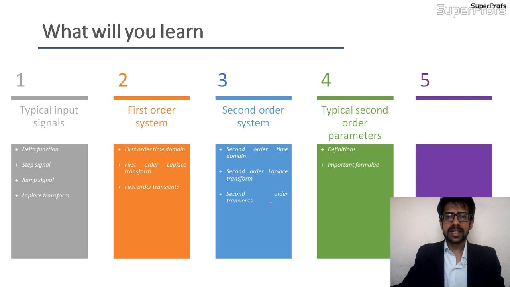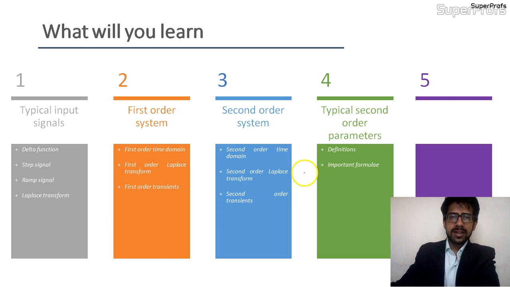But second order transients are equally important because many systems can be generalized according to a second order system. After that, we will study typical second order parameters which characterize the transient response of a second order system. We will look at important formulae and we will conclude the chapter later.